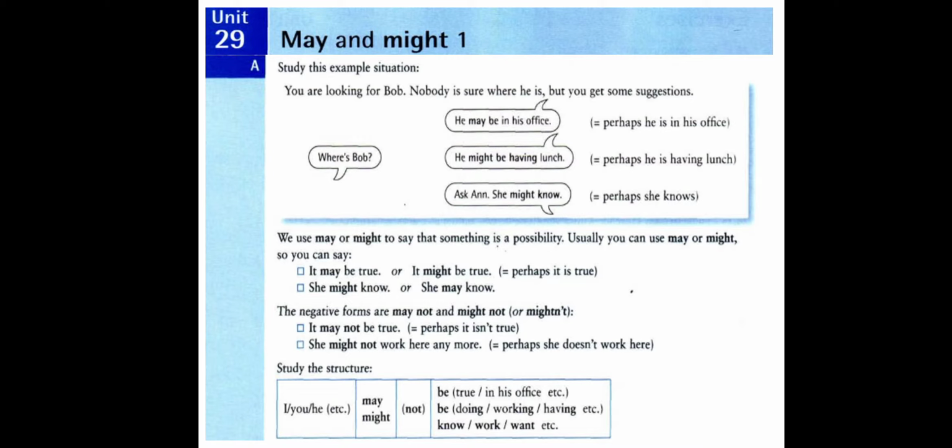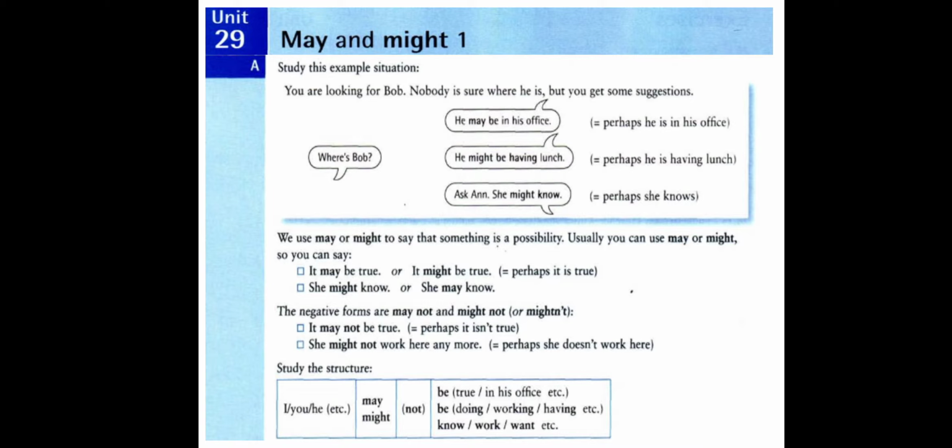Study this example situation. You are looking for Bob. Nobody is sure where he is, but you get some suggestions. Where is Bob? Another person says he may be in his office. Now, if the person is sure that he is in his office, then he says he is in his office.